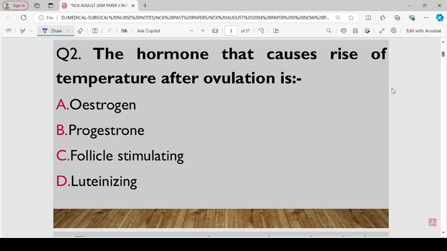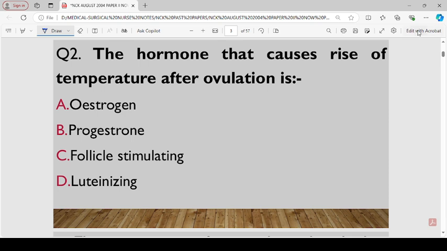The hormone that causes rise of temperature after ovulation is... Well, if you look at option number 1, that is the estrogen hormone. Generally, if you look at several studies, they show that the availability of estrogen tends to lower the body temperature.